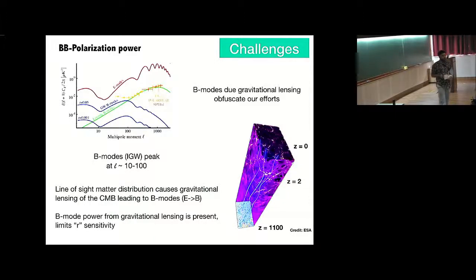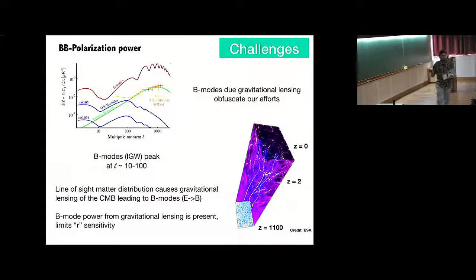One of the main challenges when you're trying to measure these B modes is the lensed B mode. This will be there, and it is there, whether we have a measurable r or not. The idea is that the CMB photons are coming, but there's a lot of volume between us and the CMB, and in that volume you have clusters of mass, and you have effectively gravitational lensing where the shear causes a change of E modes into B modes.